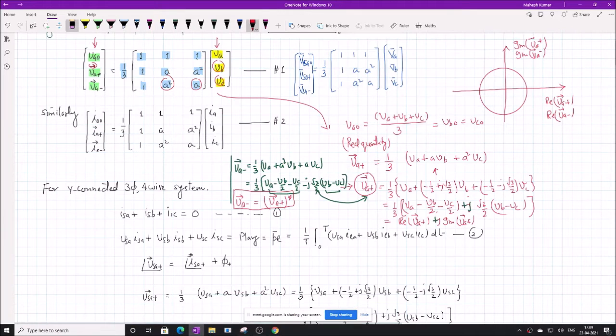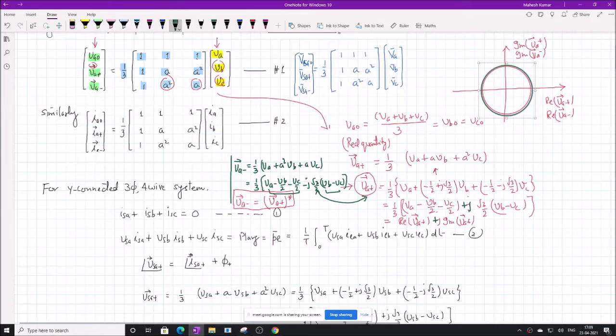For example, if I copy and paste this, then we can say this element is nothing but, I can change the color of this slightly, increase its size and put it here.